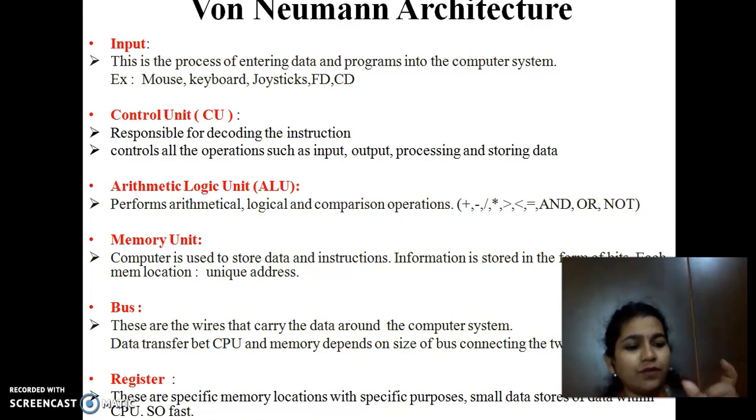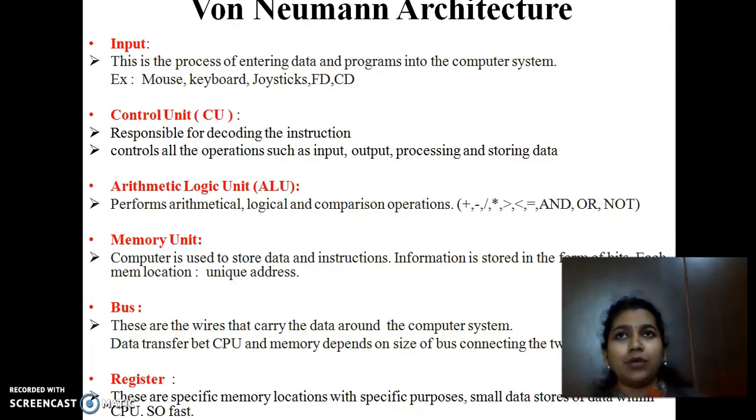This process of converting high level language to lower level language is what we call the decoding process. That is the major function done by the control unit. It controls all the operations such as input, output, processing, and storing data. So basically the control unit acts as a manager, a controller who controls all the activities taking place in the computer.